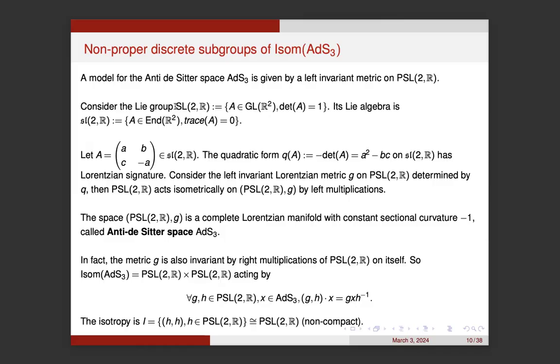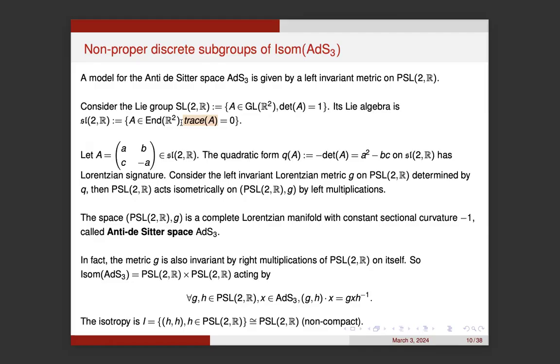Consider the Lie group SL(2,R), which consists of 2 by 2 matrices with determinant 1. The Lie algebra of this group is made of 2 by 2 matrices with trace 0. You can think of the Lie algebra of a Lie group as the tangent space of the Lie group at the identity.